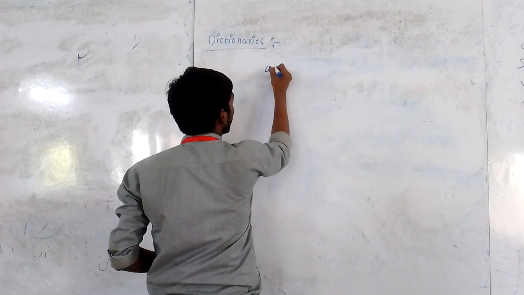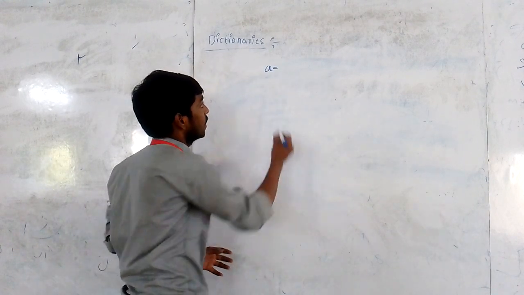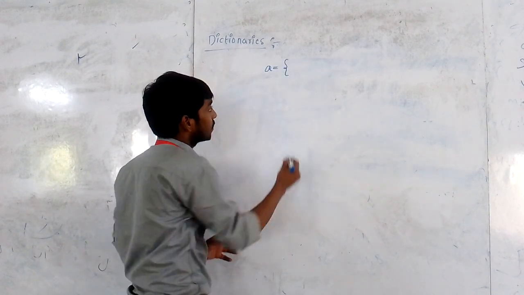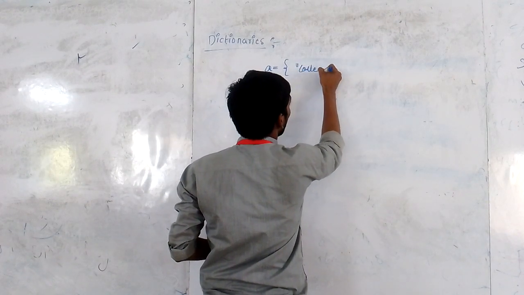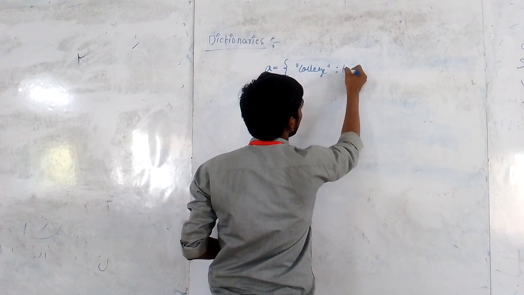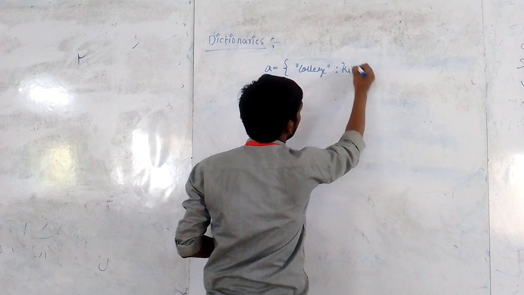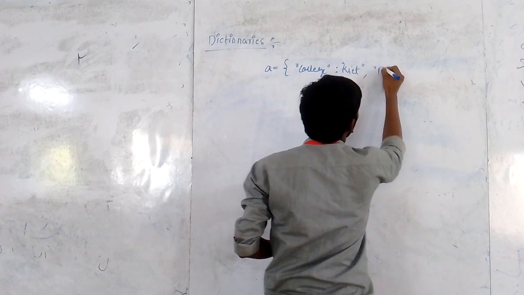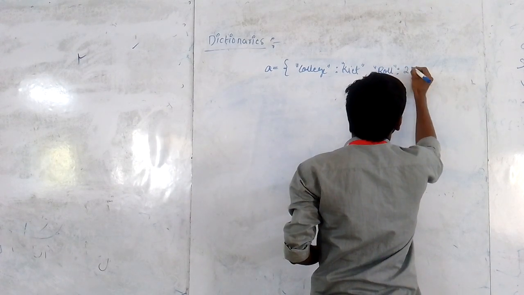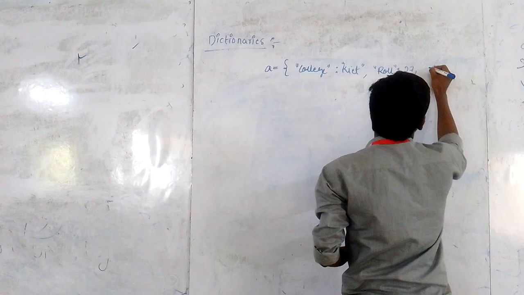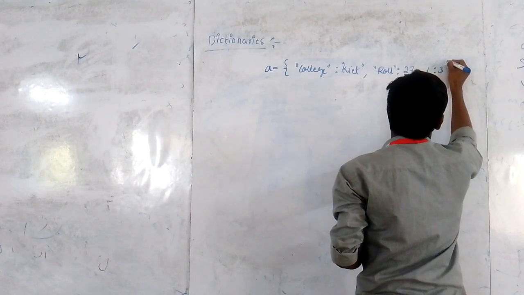So a is a variable that I have. In curly braces, I have taken college is kite, and roll number is 27, and 1 is 3.